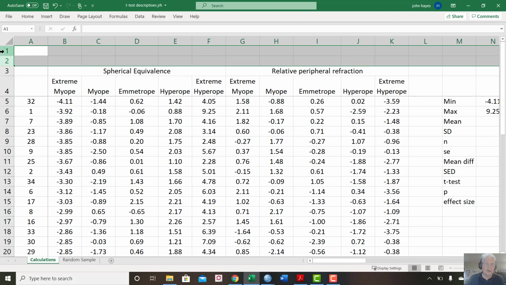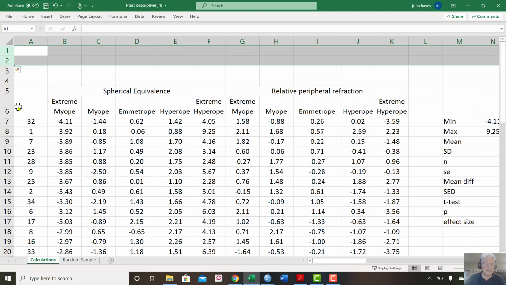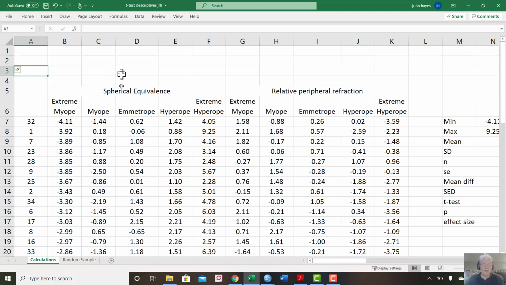You make the arrow come out on the left there, and we've highlighted 2 rows, and we right click and insert. And then we get 4 rows. And we're going to put in the mean, the standard deviation, the number of subjects, and the standard error.